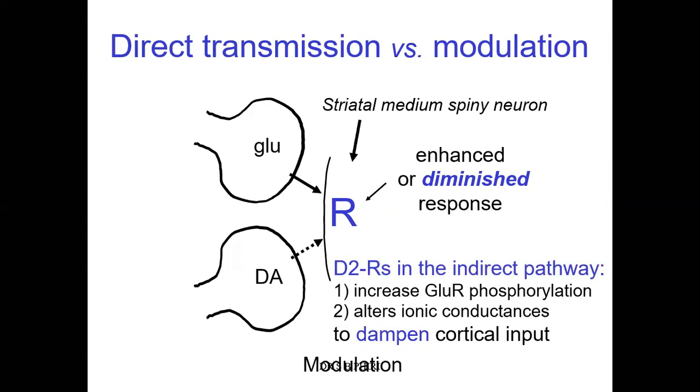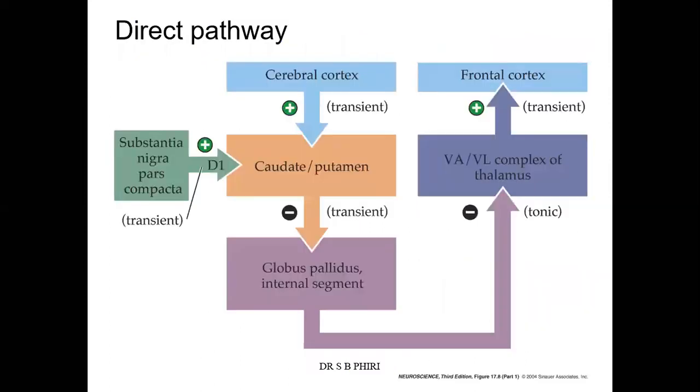To some extent, it's going to dampen the cortical input to the striatum. So it's going to inhibit the indirect pathway. If it's inhibiting the indirect pathway, it's also somehow facilitating movement. So via D1 and D2 receptors, they are both stimulating movement to some extent.